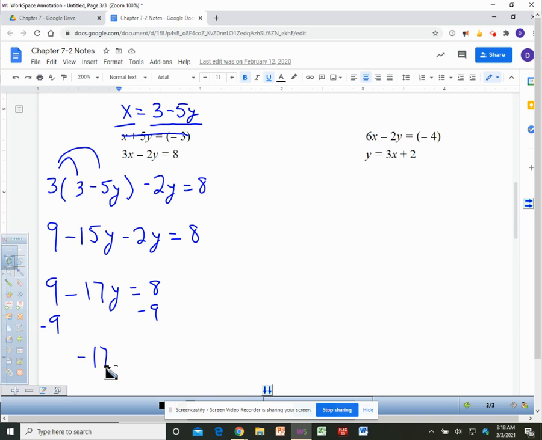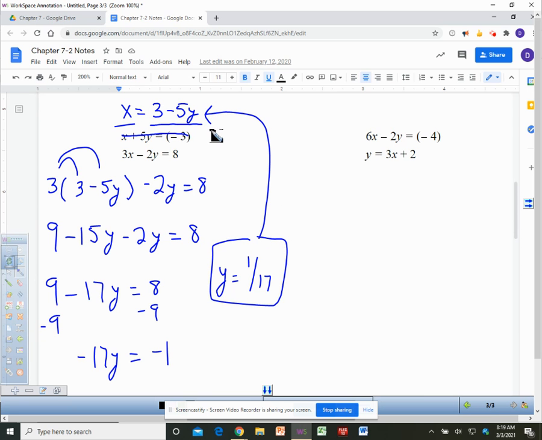So negative 17y equals negative 1. So I divide by negative 17. Y equals 1/17. Then you would take that, plug it into here, and then you'd have your two coordinates.